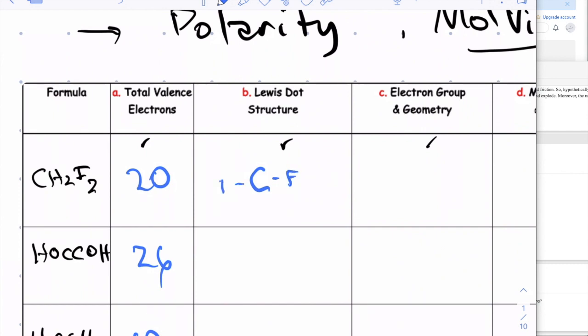Our Lewis structure for this is carbon, fluorine, fluorine, hydrogen, hydrogen. Let me put my lone pairs.